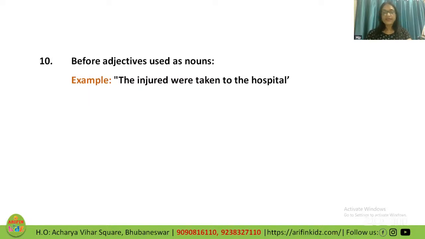But in this sentence, the adjective injured is used as a noun. The injured were taken to the hospital. Injured means like the injured person, maybe one person, maybe many persons. The injured. When an adjective is used as a noun, we have to use 'the' before it.